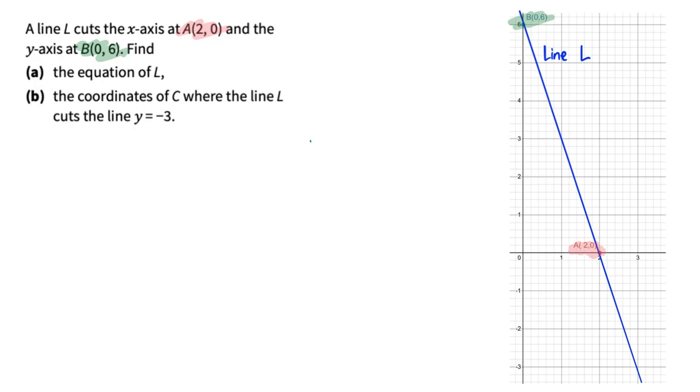So since we are given the 2 points, the very first step for me would be to find the gradient of this line L. So to find the gradient, I usually like to do this x1, y1, x2, y2.